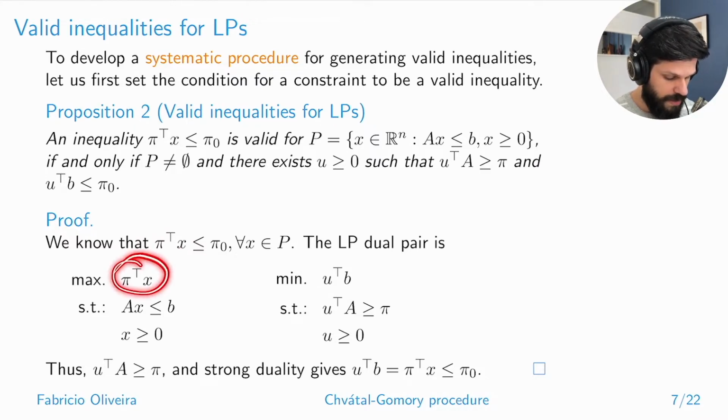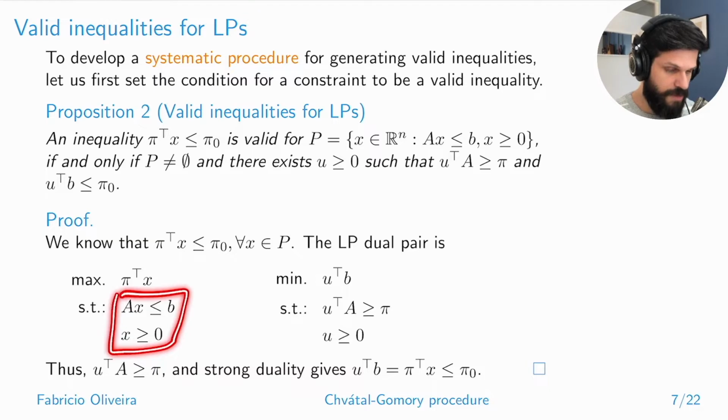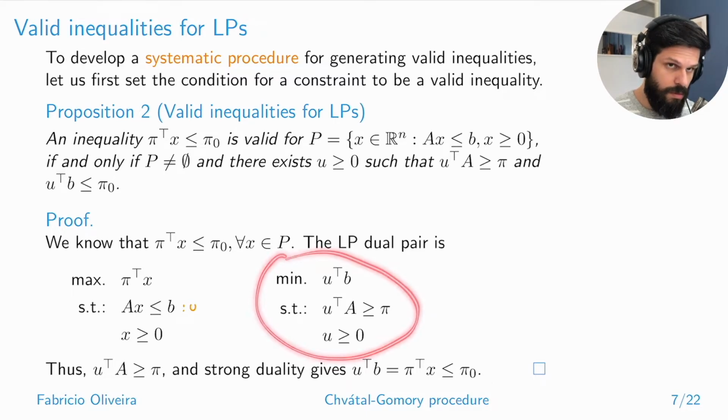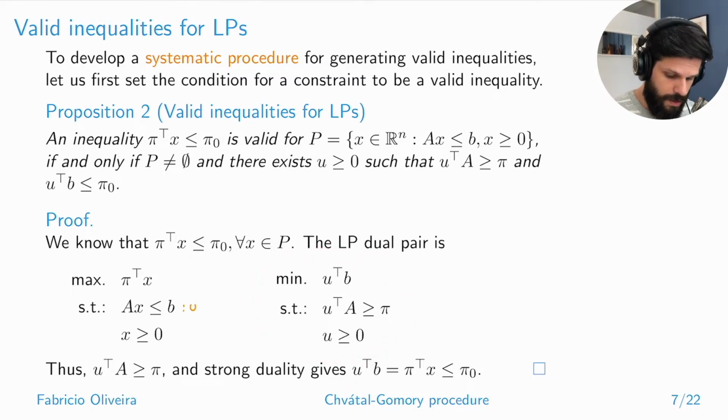So we'll be maximizing this, making sure original feasibility conditions are satisfied. And now if you think about the linear dual of this, so you have this multiplier u associated with these constraints, all right? You can see that the linear dual looks like so. And you can see here, the combination of rows we were talking about.